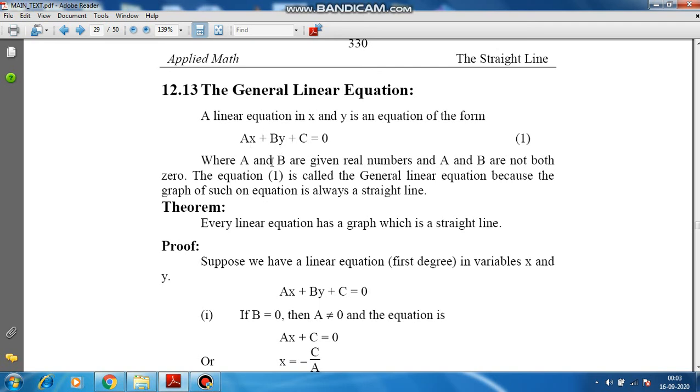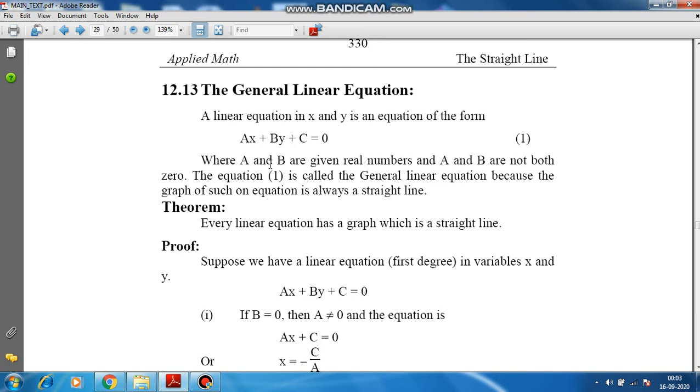So these are the linear equations, and you did them in high school classes. There you drew graphs of linear equations. You solved simultaneous linear equations using graphs. You drew two straight lines of two linear equations, and the point of intersection was the solution.